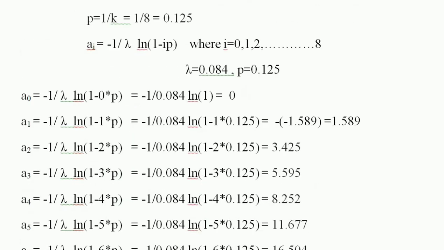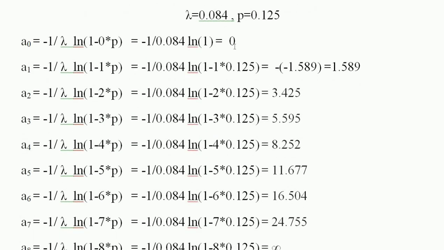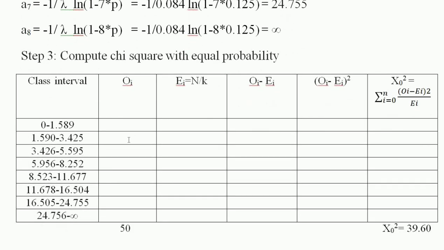The first interval lies from 0 to 1.589, and from 1.590 to 3.425 is the second interval. The third interval is 3.426 to 5.595. Again, the next interval, from the next value 5.596 to 8.252.